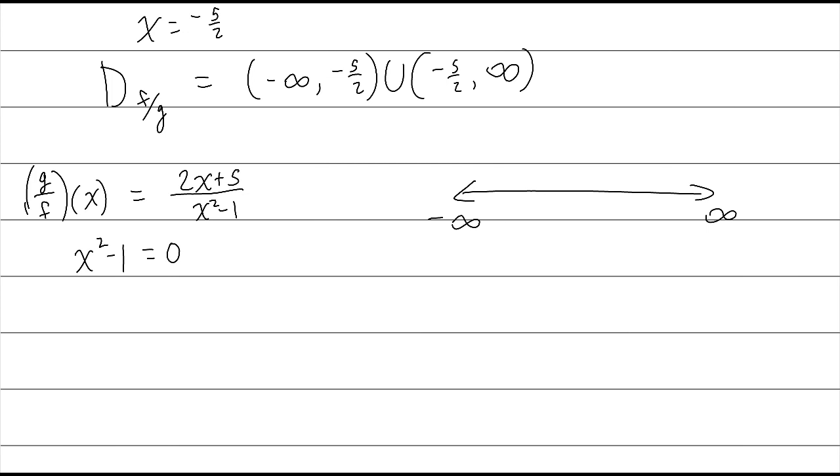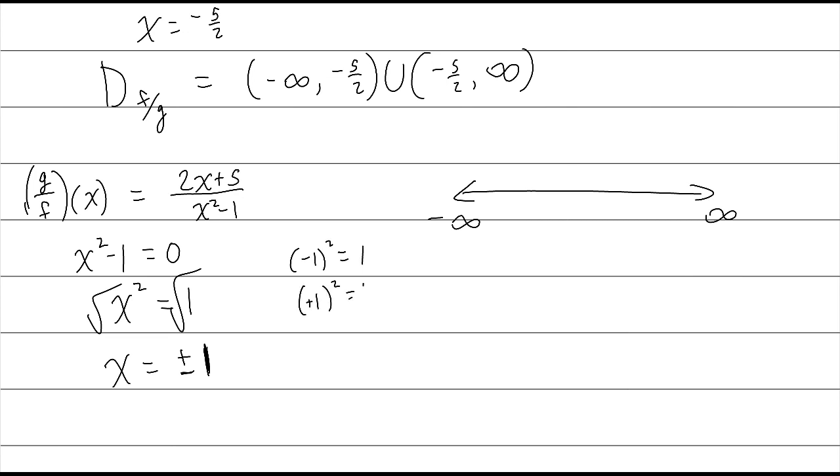Okay, add 1 to both sides. Square root both sides. The square root property says that if I take the square root of both sides, I end up with a positive and a negative square root of that number. Well, the square root of 1 is 1. Why is that? Because negative 1 squared is positive 1. Positive 1 squared is positive 1, right? So there's 2 instances that would give me a positive 1.